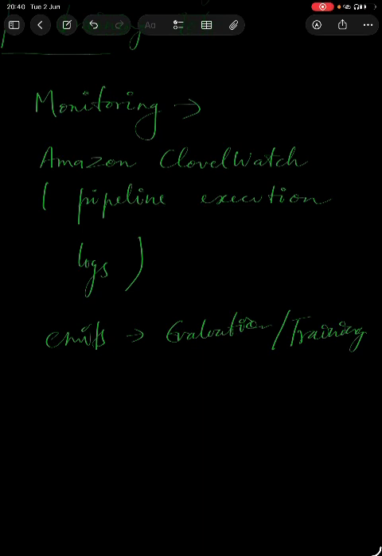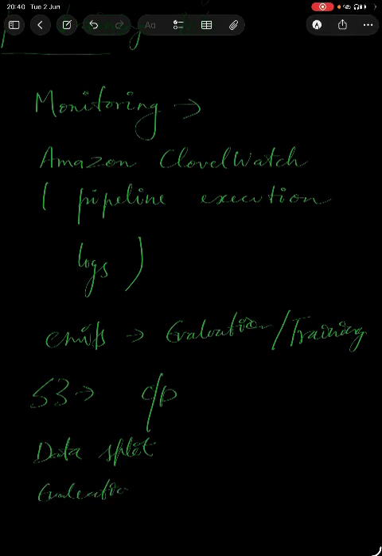When I say about the S3, we have the S3 for output. So for the output, we have data split. Split is one. Second is evaluation. And the third is model artifact.